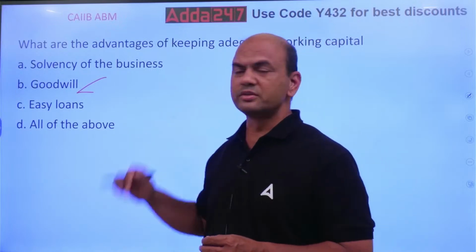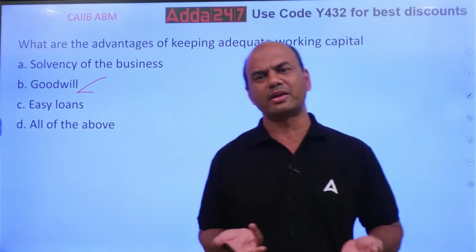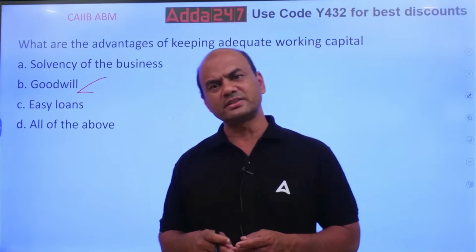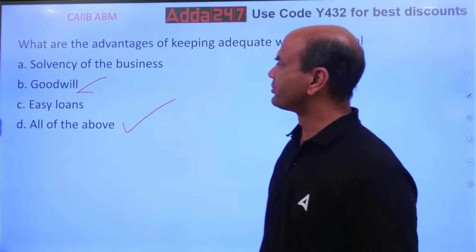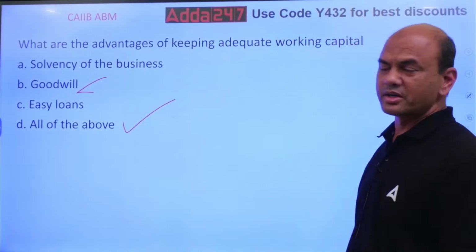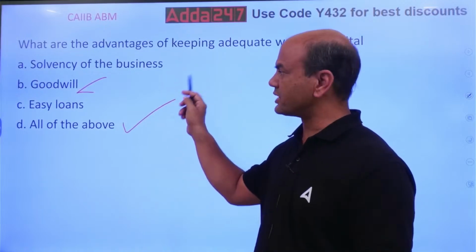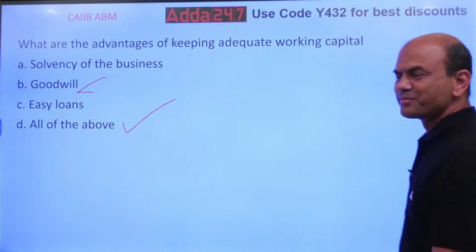Third one, easy loans. So if I am repaying my EMIs on time, why not every bank will be ready to give me the loans, right? So the answer is all of these, isn't it? All of the above. Solvency is also important. Main is the solvency for short-term purpose. Because of this, goodwill happens. Because of this, easy loans. Okay? Move on.